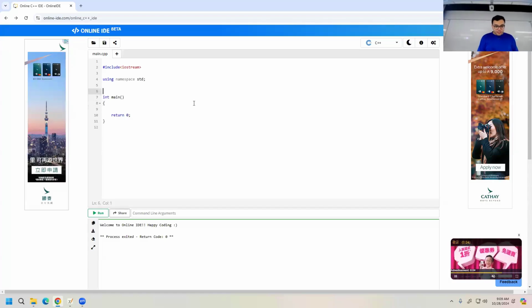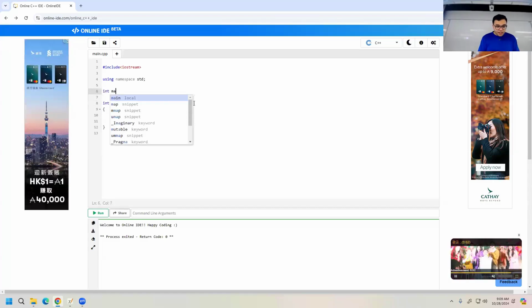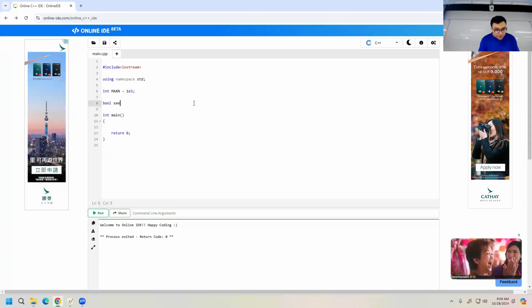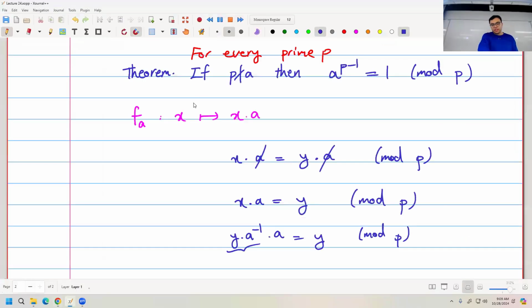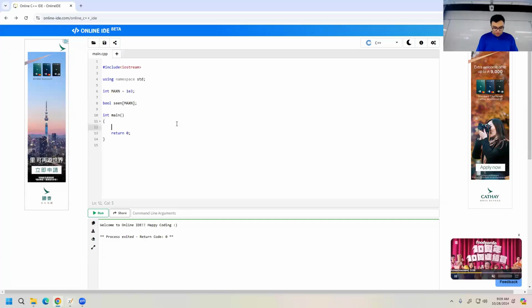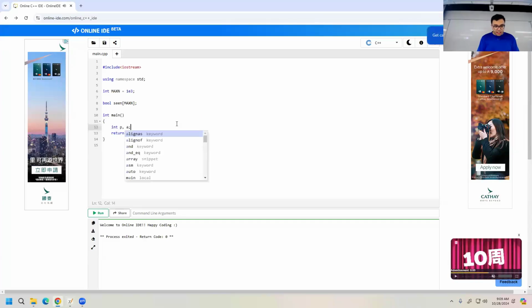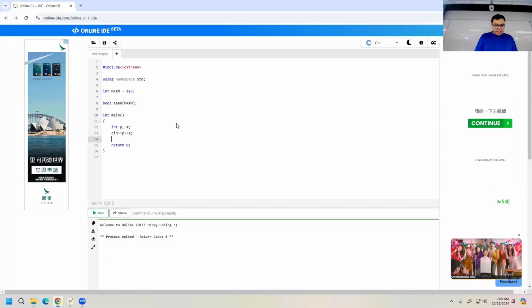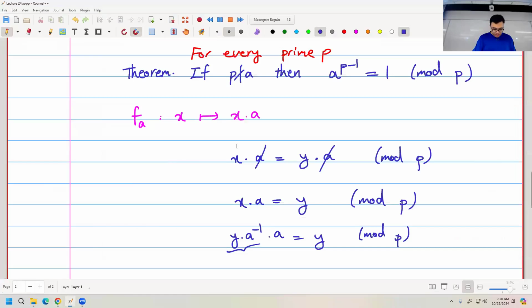Okay, so let's say I have some maximum n. Okay. Here's what I want to do. I want to create the cycles of this permutation. So I want to read a number P and a number A, and then I want to basically write all of the cycles of this permutation.